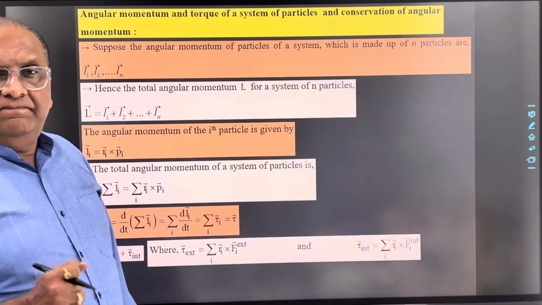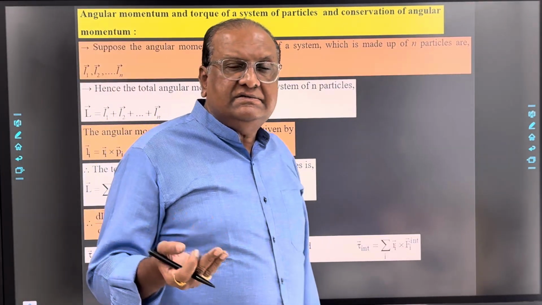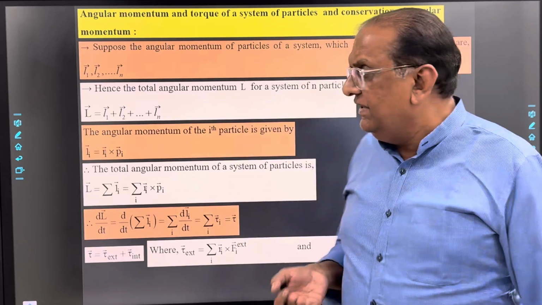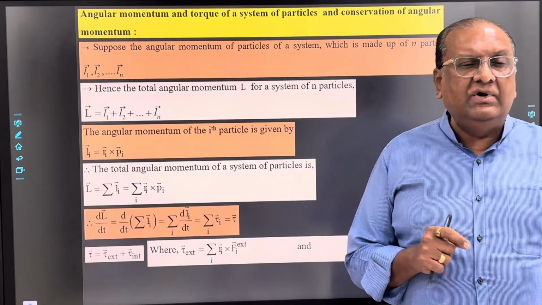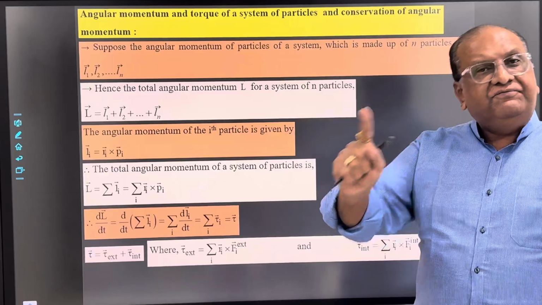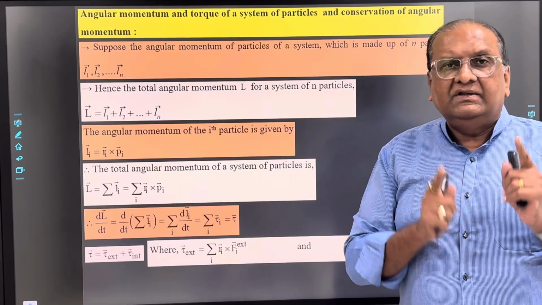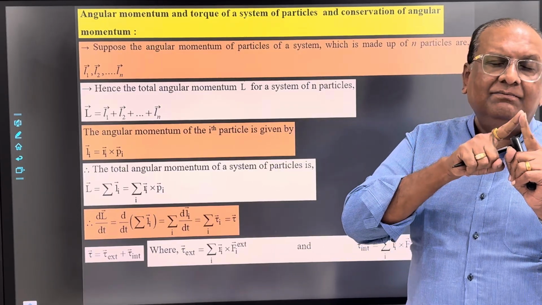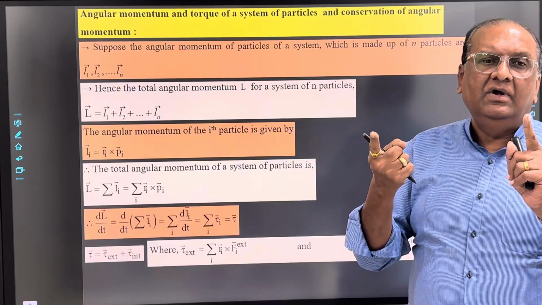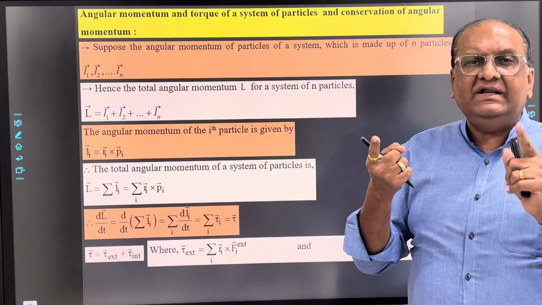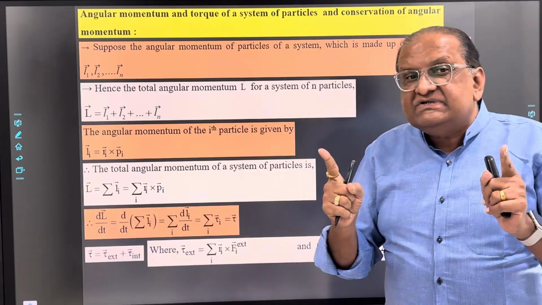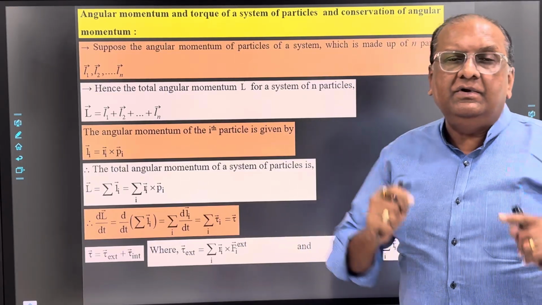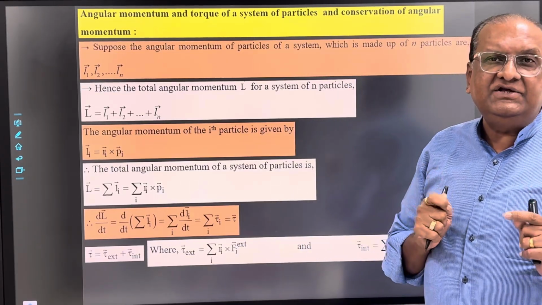But here, as per Newton's third law of motion, we know this Fi internal is equal to 0, because if we think about the force acting on particle number 1 by 2 or force acting on 2 by 1, both the forces will be equal in magnitude but opposite in direction.